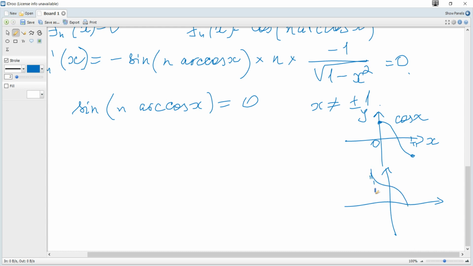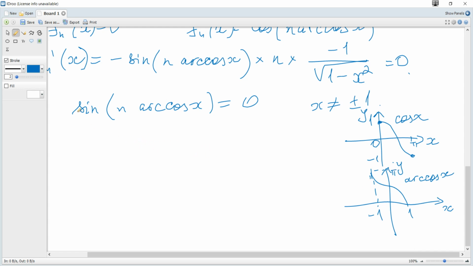For cosine, y values change from -1 to 1. So for arc cosine as the inverse function, x values change from -1 to 1, and y values change from 0 to pi.